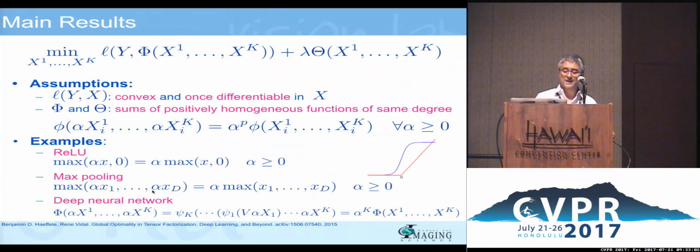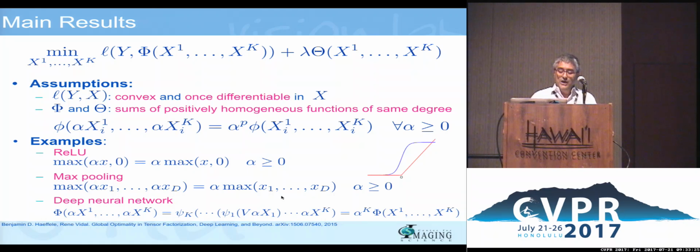So max pooling is another operation where it's positively homogeneous, and it's also positively homogeneous of degree 1, okay? And I need non-negativity again because I'm taking the maximum in a max pooling type operation. If any of the things was negative, then the maximum would change. So that's why we need non-negativity for the alpha.